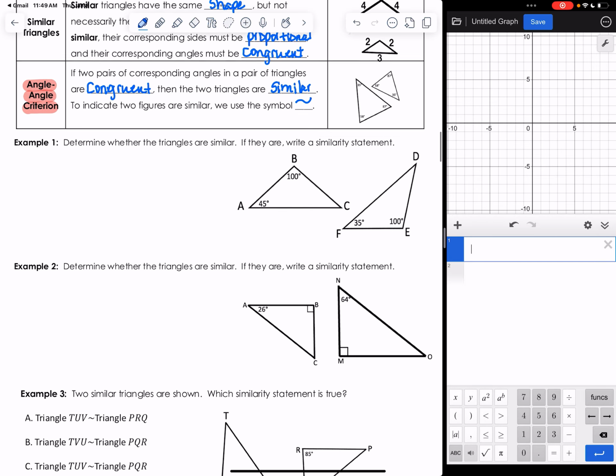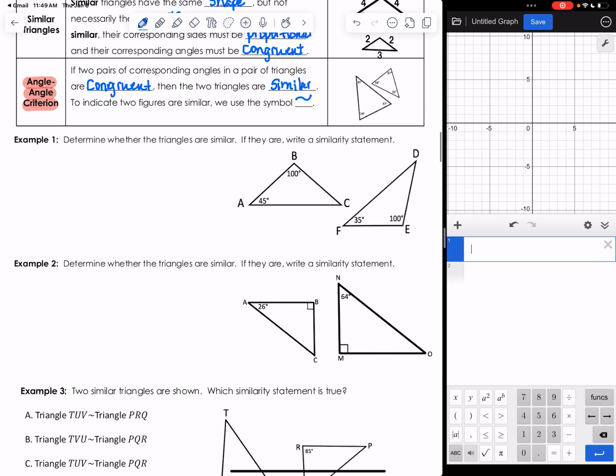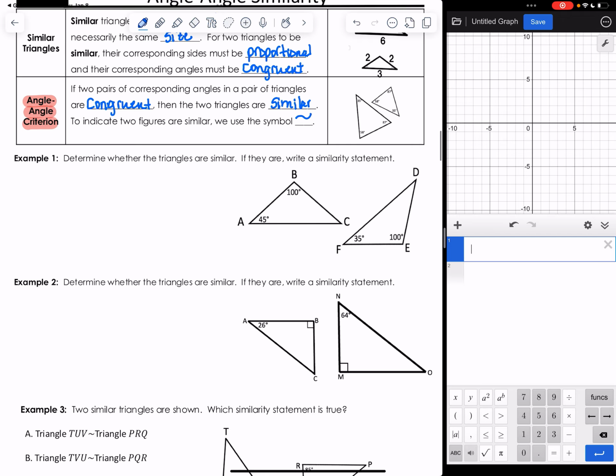In example 1, it says determine whether the triangles are similar, and if they are, write a similarity statement. So what we want to try to do is use angle-angle criterion to see if the two triangles have two pair of corresponding angles that are congruent.